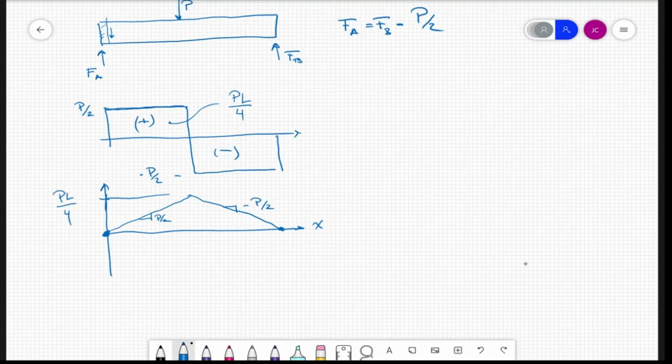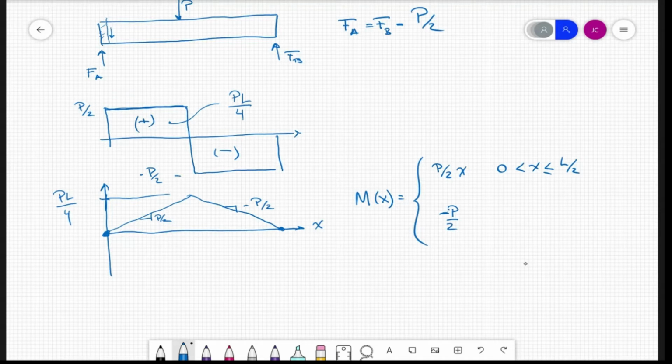All right, so if we were to write out the moment here, the moment as a function of position would be as follows, right? The moment is going to equal P on 2 x, and that's from 0 to L on 2, okay? And then from L on 2 to L, it's going to have a slope of minus P on 2.